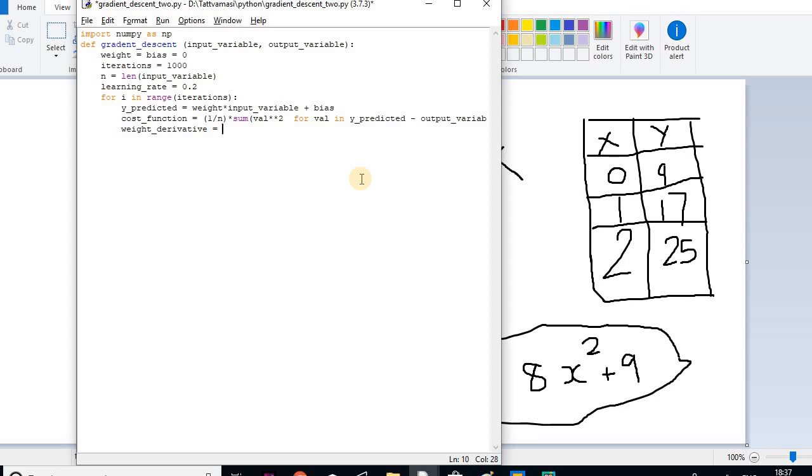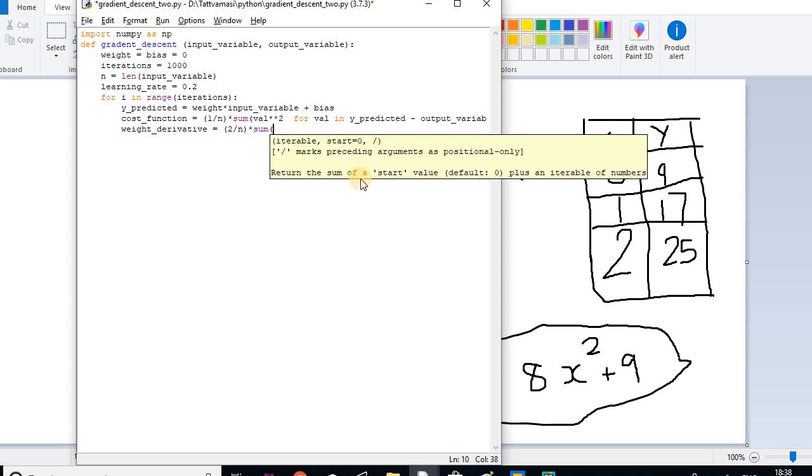So I write 2 by n, here a small n, 2 by n into the sum of the input variable, that is x.